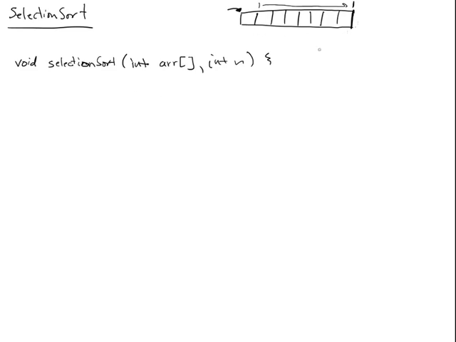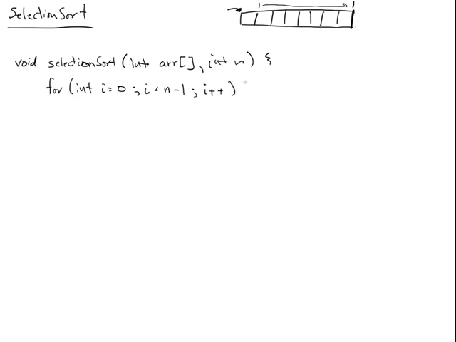We'll need that, and we're going to need two for loops, right? We need the one for loop that goes through all of these items, and then the for loop that finds the minimum for the current item that we're looking at. So let's get started with that. Here's our outer loop: for int i equals 0, i is less than n minus 1, i plus plus.